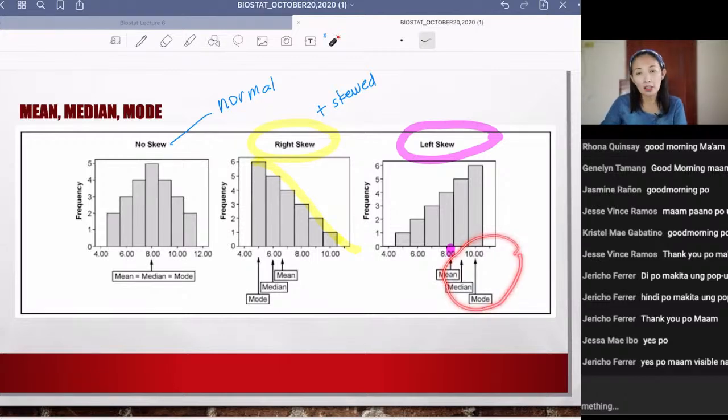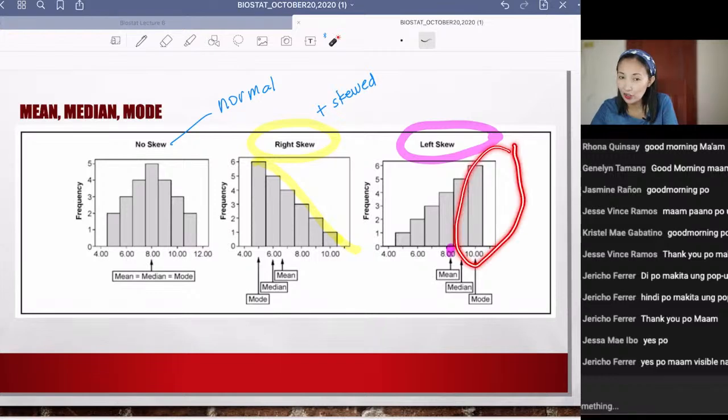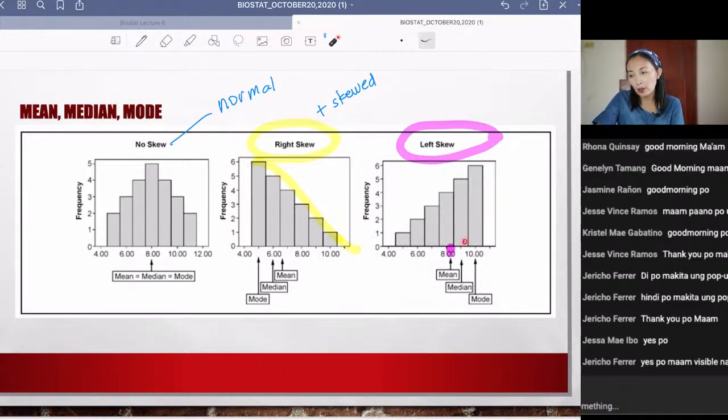Meaning, the bulk of the scores are on the positive direction. Mas mataas kesa sa average. Most of the scores, bulk of the scores are above the average.